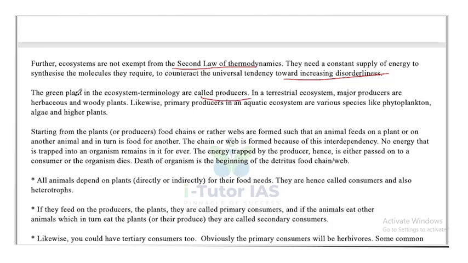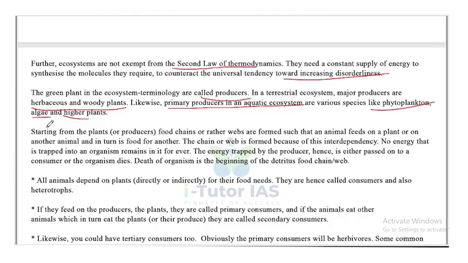The green plants in ecosystem terminology are called producers. In a terrestrial ecosystem, major producers are herbaceous and woody plants. Likewise, primary producers in aquatic ecosystem are various species of phytoplankton, algae and higher plants.